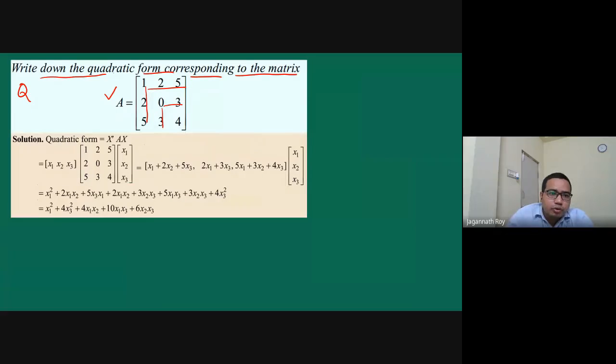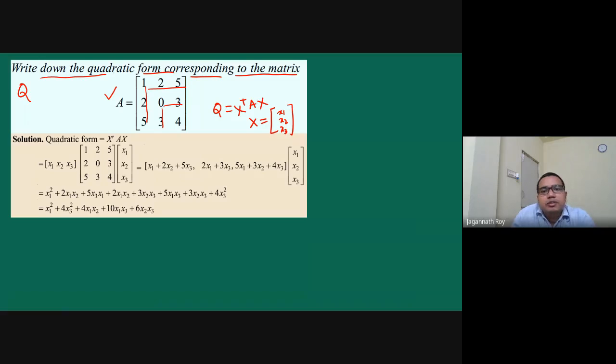Okay. So the quadratic form is actually, we have seen, Q can be written as X transpose AX, to keep the syntax similar, where X is x1, x2, and x3, any non-zero vector.